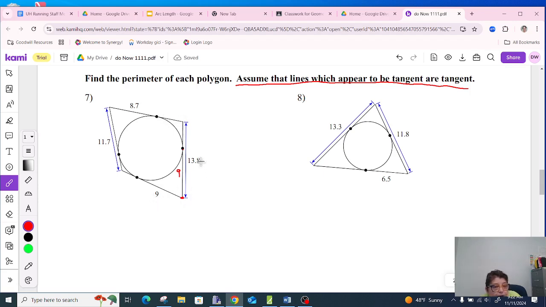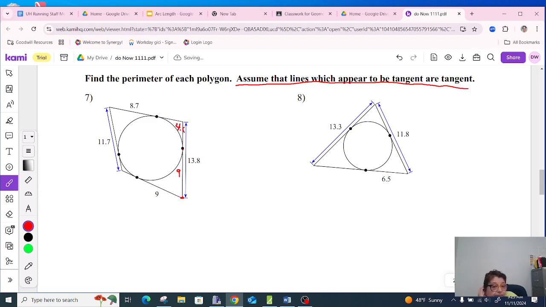If I kind of wrap around and find all the tiny segments, I'll find some of the missing segments that aren't listed. And then I just add everything on the outside. I won't be adding this 9 in red because I placed it on the inside, because that's part of that 13.8. But what is 13.8 minus 9 to find this little segment here?